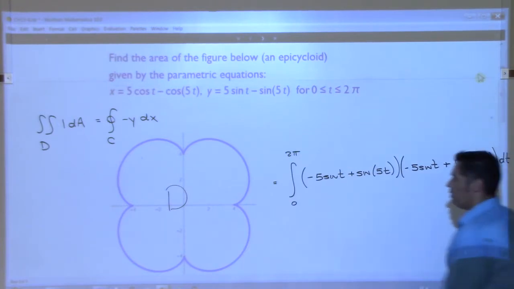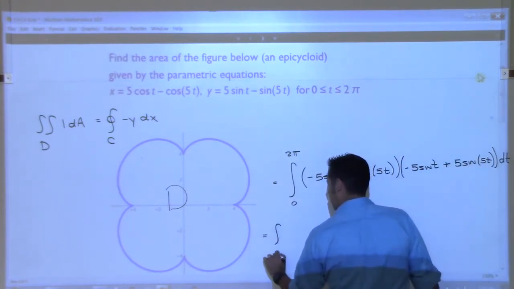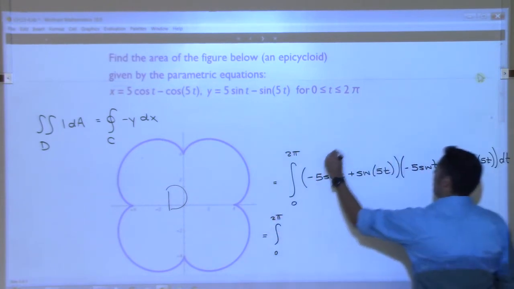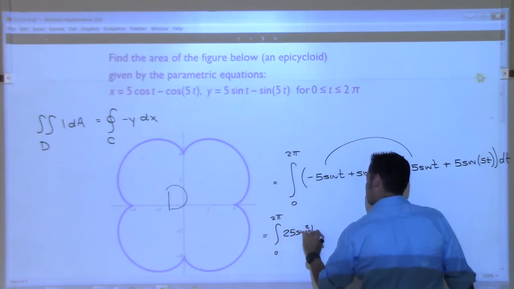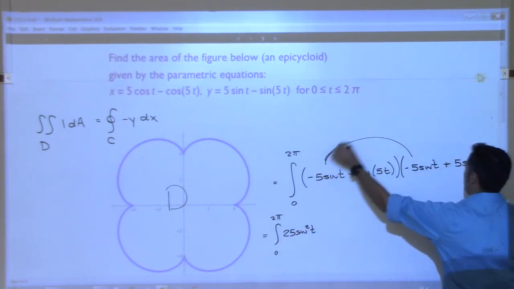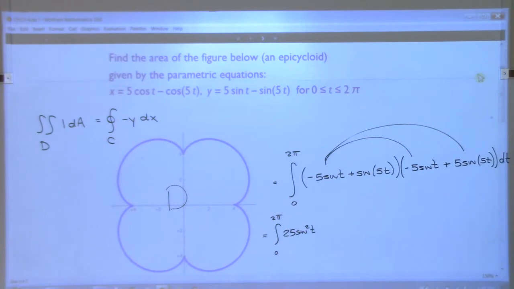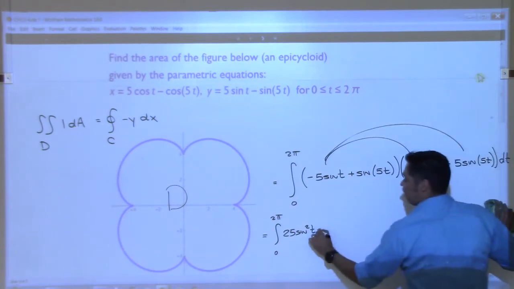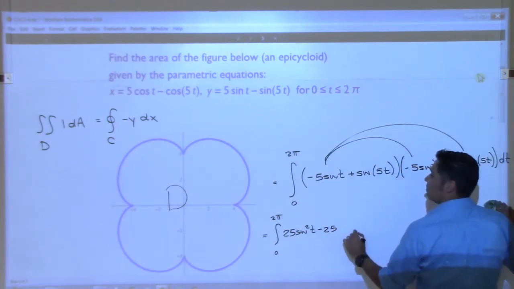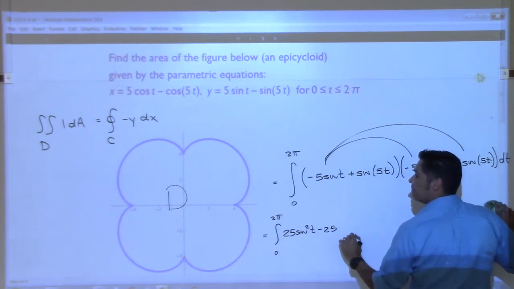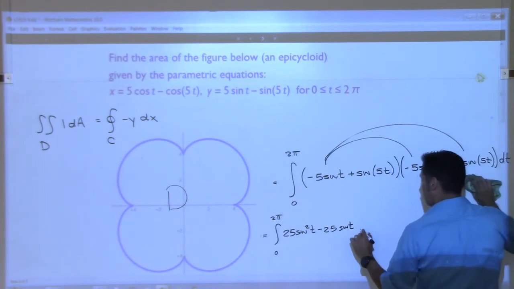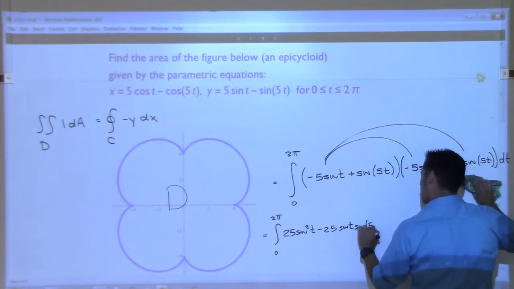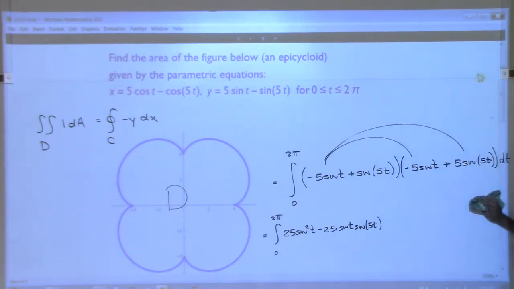Let's just FOIL this out. So here to here, 25 sine squared t. And then here to here, we have minus 25 sine t, negative 25 sine t sine 5t.